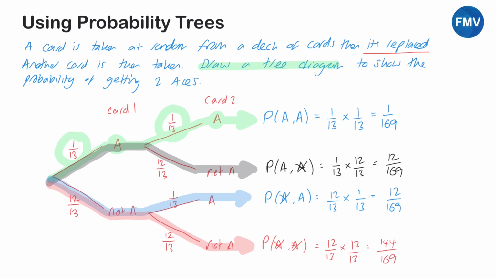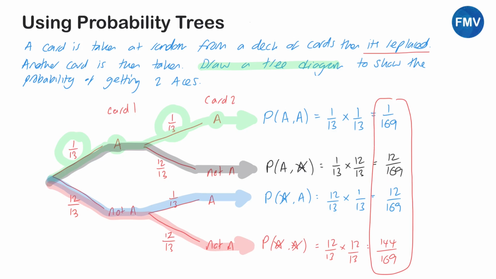You're probably wondering why I've shown you this. The reason is I want to show you that the sum of those probabilities always equals 1. So if we take all of these and add them together, we get 144 over 169 plus 12 over 169 plus 12 over 169 plus 1 over 169.